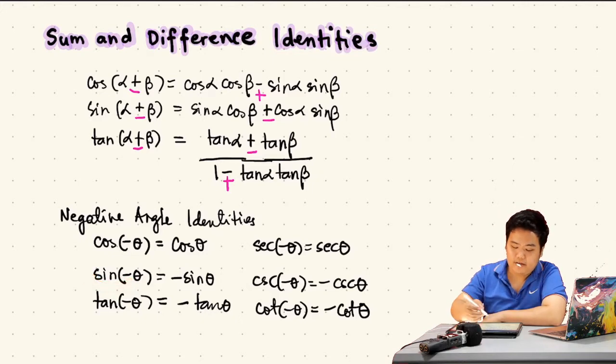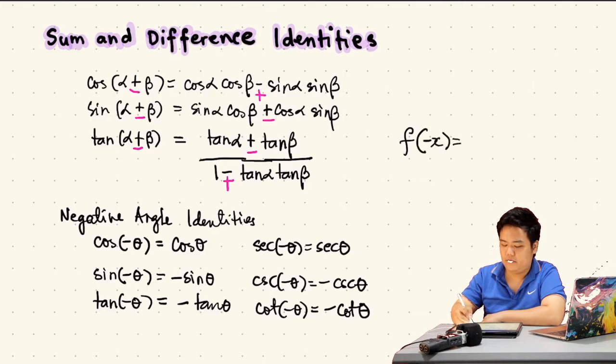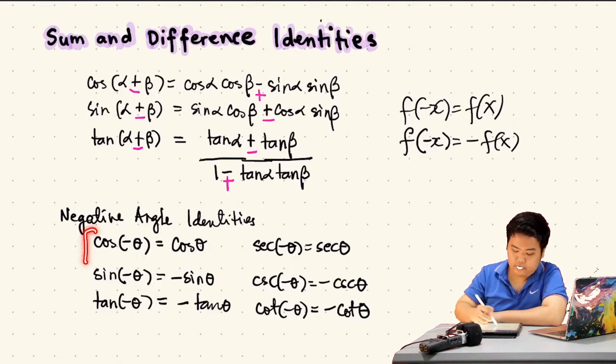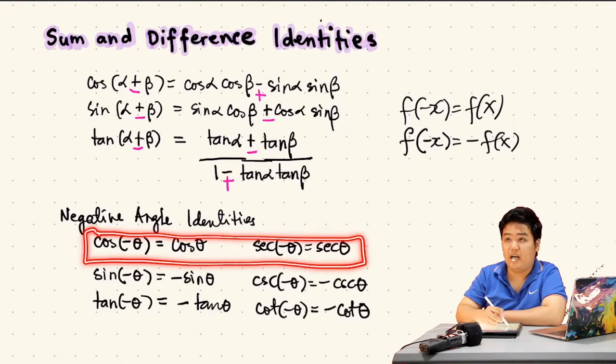And diba meron tayong diniscuss before, kapag yung f of negative x is equal to negative f of x, f of negative x equal to f of x. Okay, in the first case, ang tawag natin dyan even function, diba? Yung pwede mo disregard mo lang yung negative. So, these two, cosine and secant, are even functions.